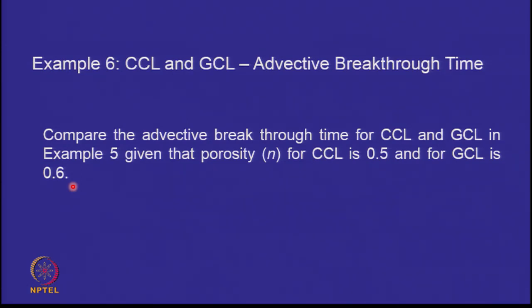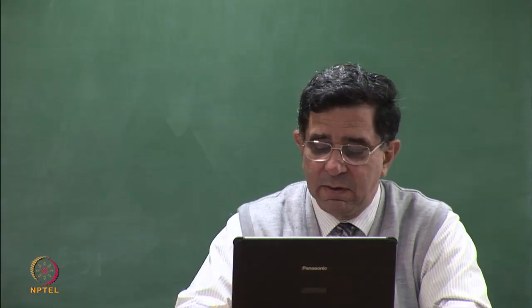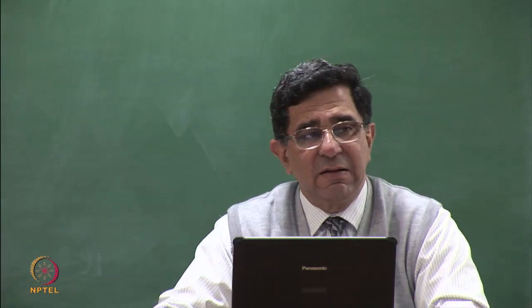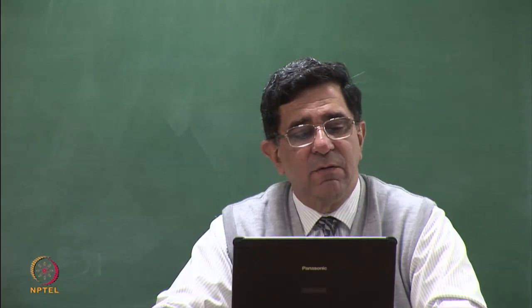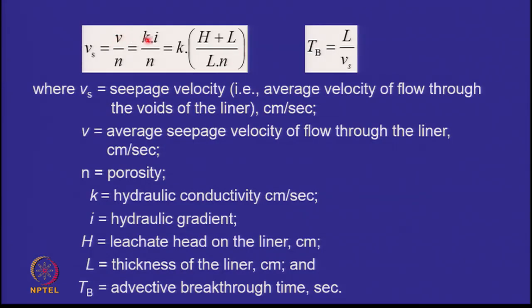That's the additional data. We are still continuing with the same example, and the way to tackle this is as follows. We know that V is equal to Ki, and V is called the average seepage velocity of the flow through the soil or through the liner. We first compute not the average seepage velocity, but the seepage velocity through the voids of the liner.